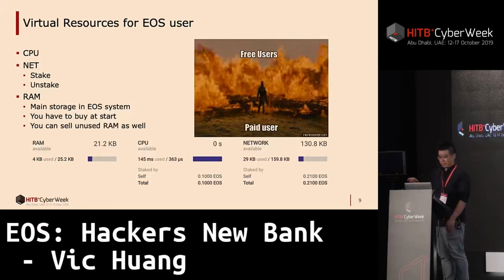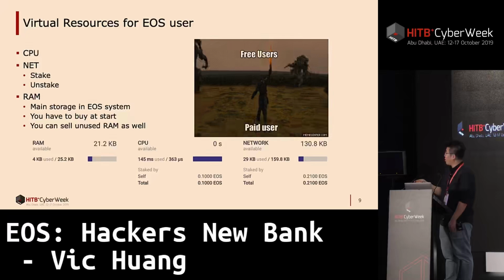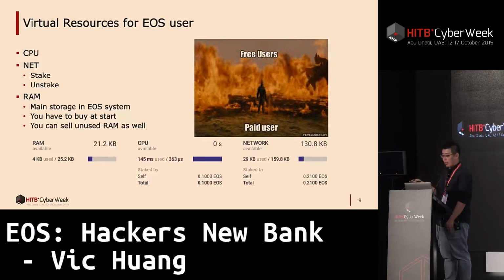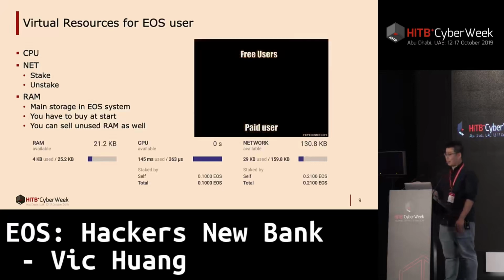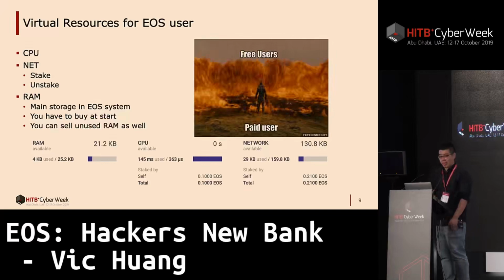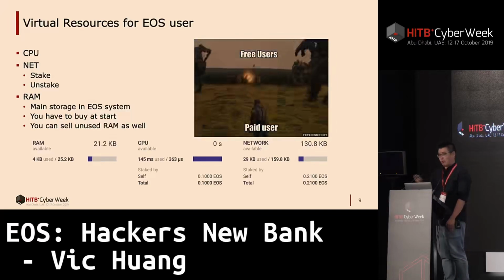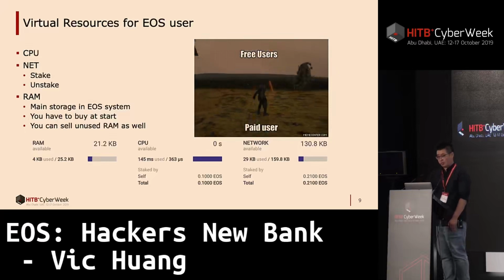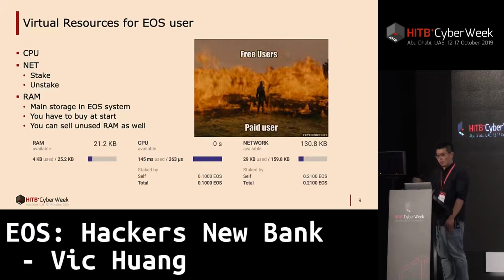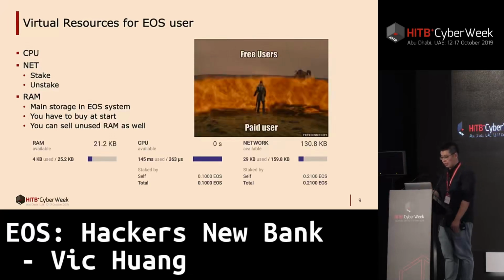Here's an example. If you have 13 EOS, after you buy your RAM, the freely available amount of EOS is only 12 because you have to stake 1 EOS for CPU and net, so you can transfer some money or do some transactions to other accounts or contracts.